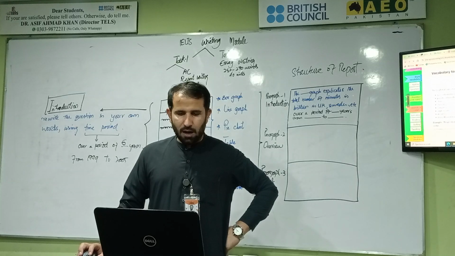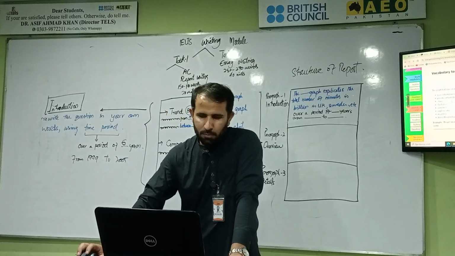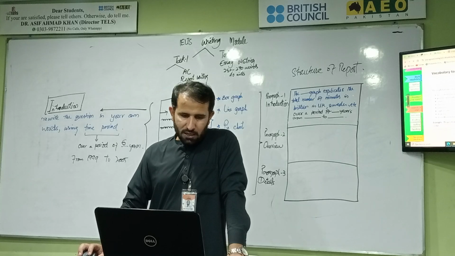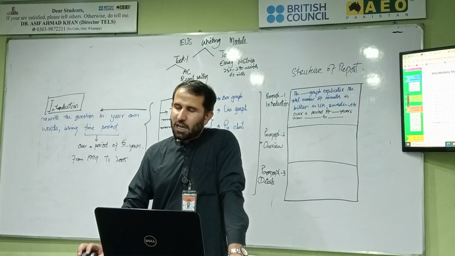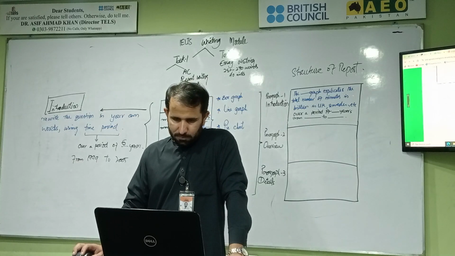Introduction, introducing the graph. The graph, table, pie chart, bar chart, diagram gives information about, provides information about, shows, illustrates, compares, explains. But explicates and illustrates is good. You will write that.